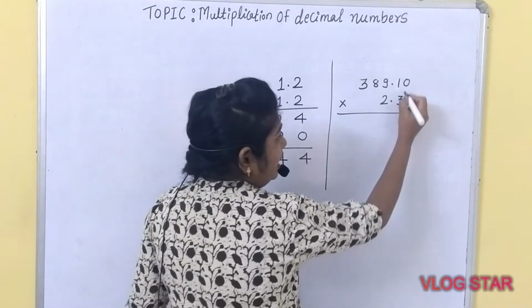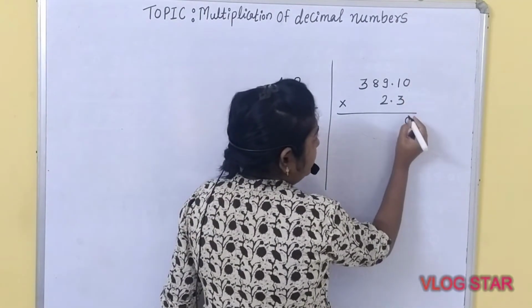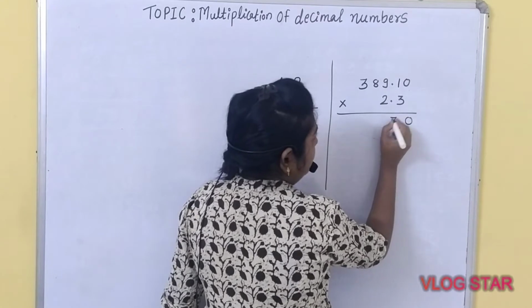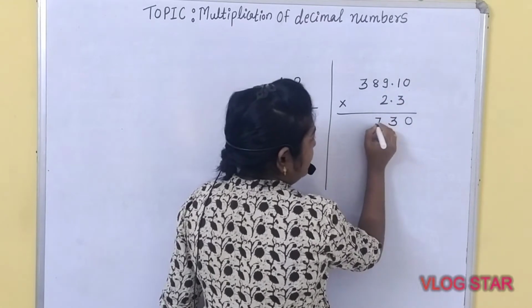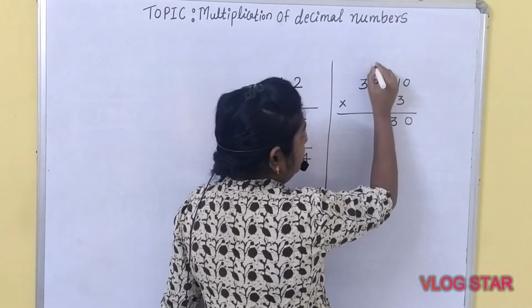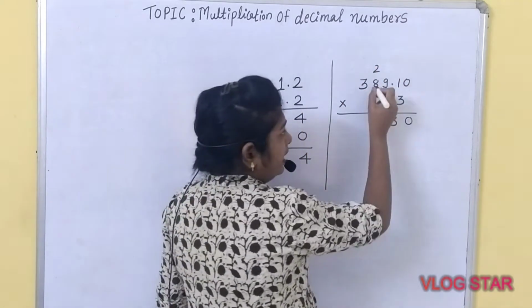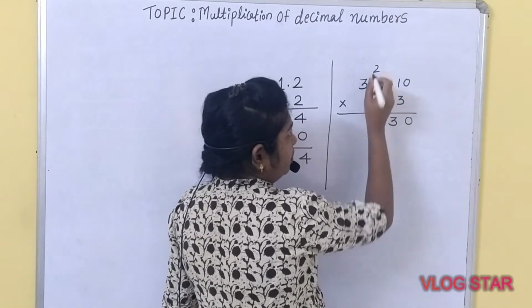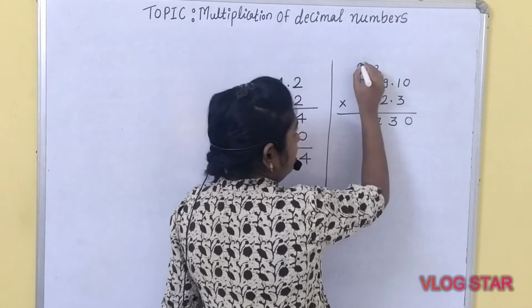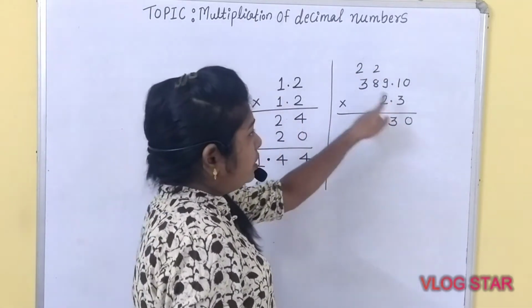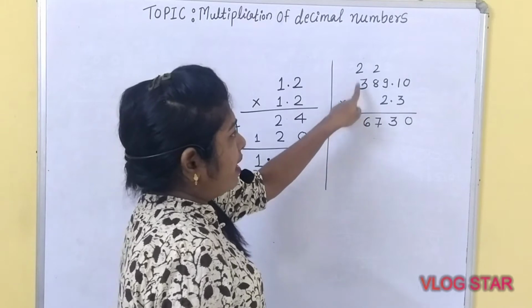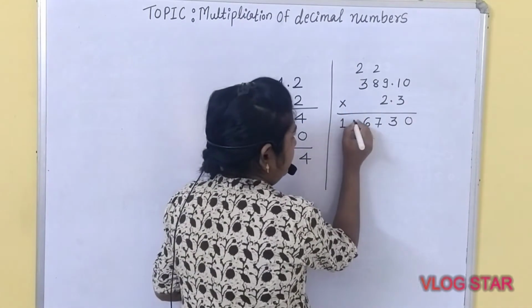Okay, so 3 into 0 will be 0, 3 into 1 will be 3, 9 3s are 27, so we need to write 7 here, 2 will be the carry, 8 3s are 24, 24 plus 2 is 26, again 2 will be the carry, 3 3s are 9, 9 plus 2 is 11.